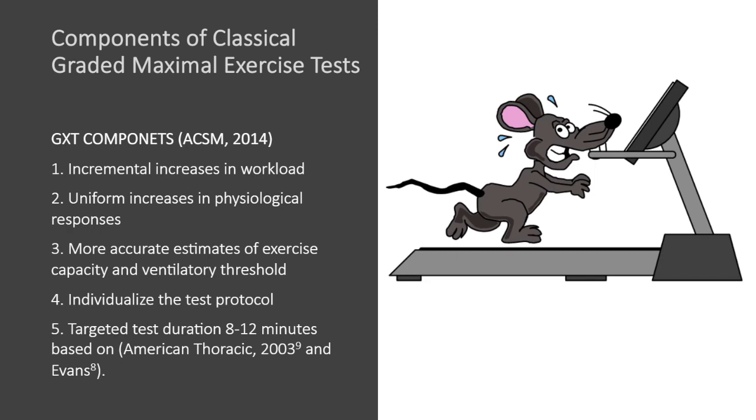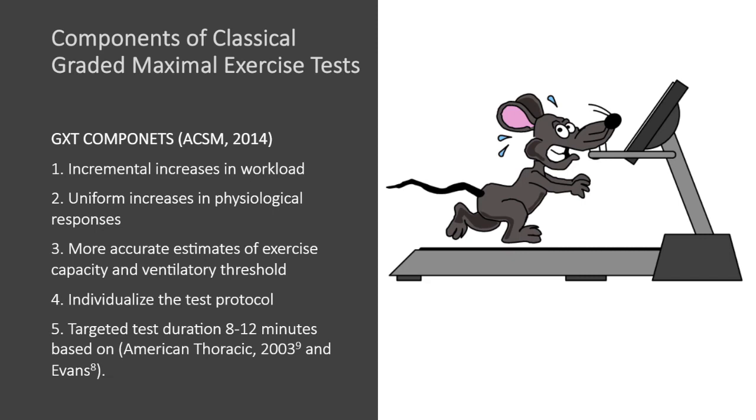And so what are the components of a classical graded maximal exercise test? If we look at the American College of Sports Medicine's considerations of what goes into these tests, they have incremental increases in workload. There are uniform increases in physiological demand. There are the ability to make accurate estimates of exercise capacity and ventilatory threshold. And then there's a targeted duration of 8 to 12 minutes.